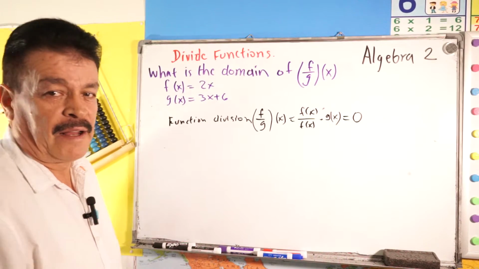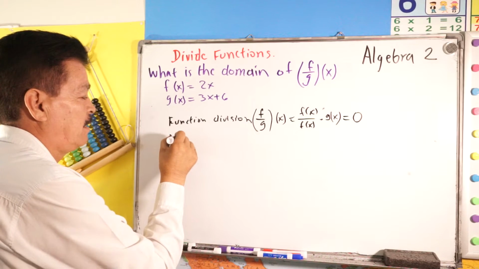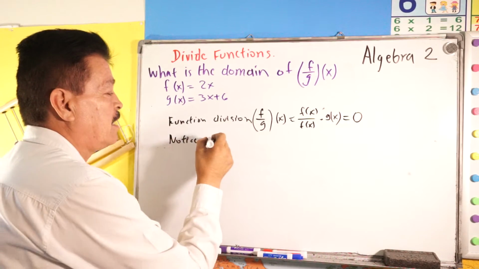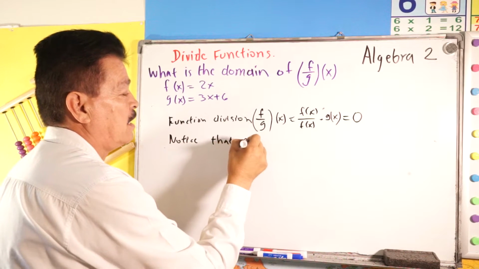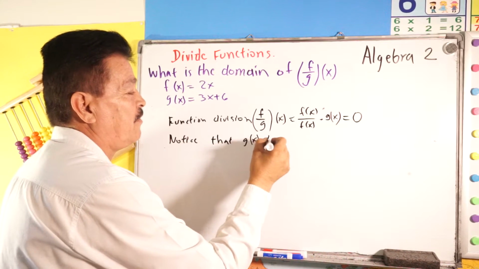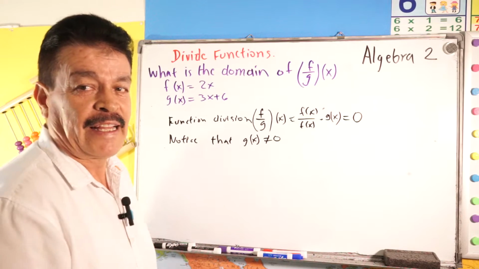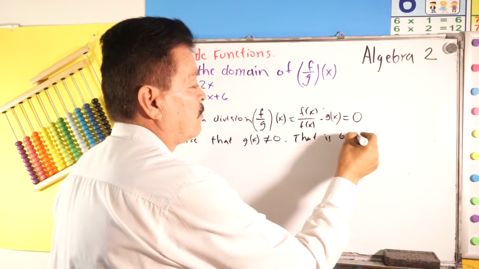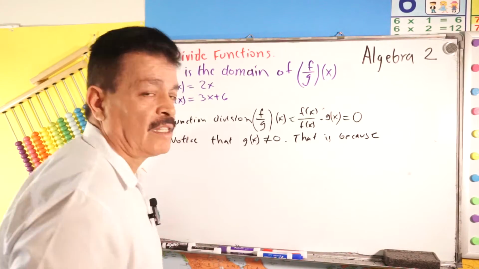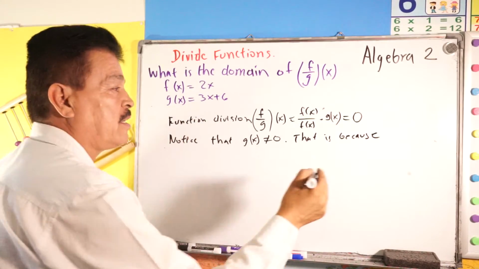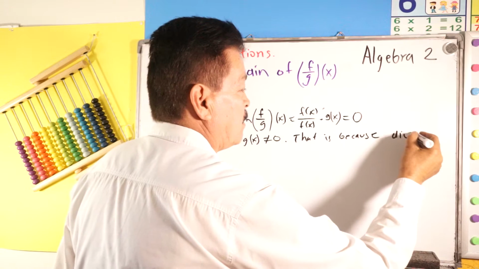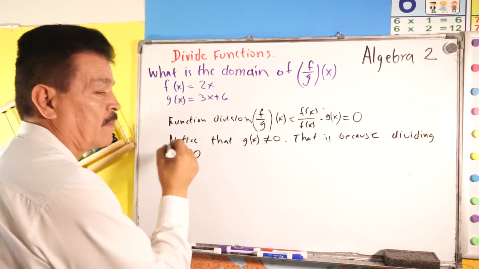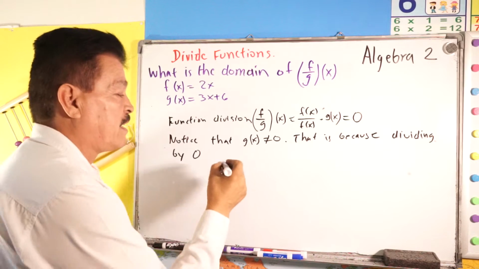Notice here, very important, that g(x) is different from 0. That is because dividing by 0 is undefined.